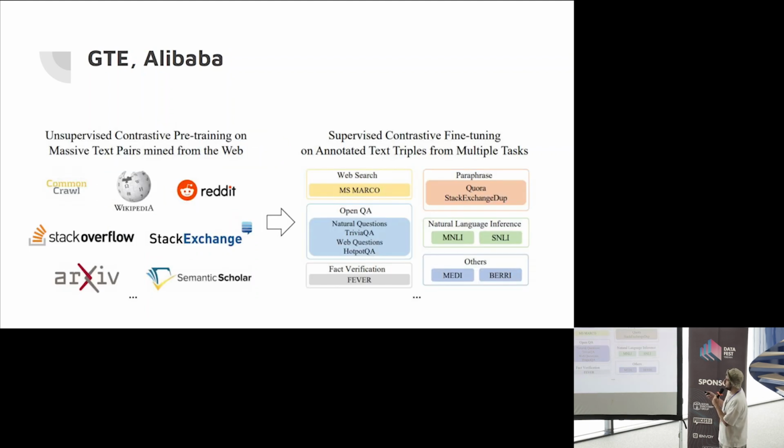The next one is GTE from Alibaba. They actually have different versions of this model, and there is even one with a different name. The main important part is that they did the training in 2 phases: first unsupervised pre-training, and then supervised contrastive fine-tuning. In this pre-training, they took the CLS token of the MLM.